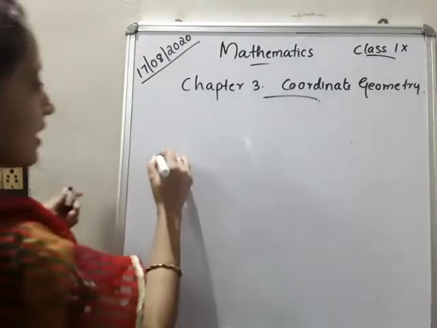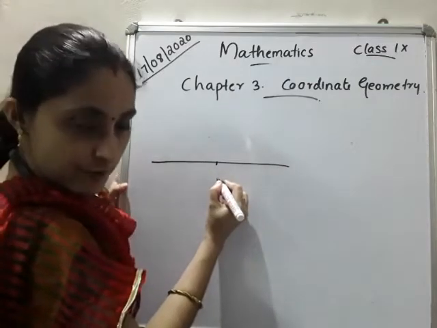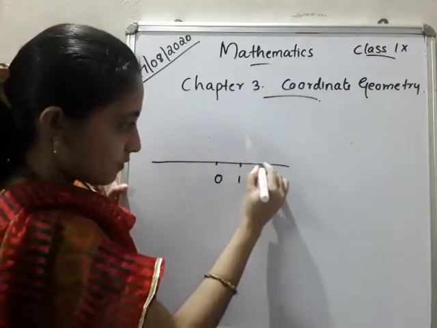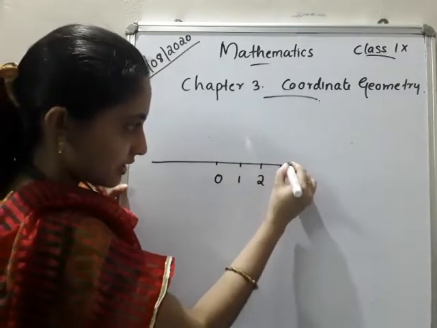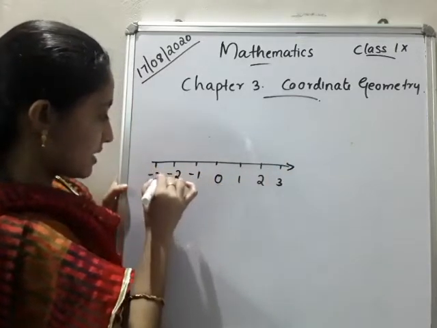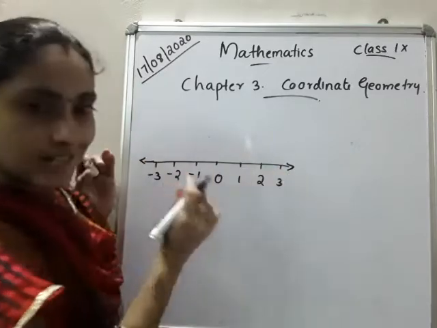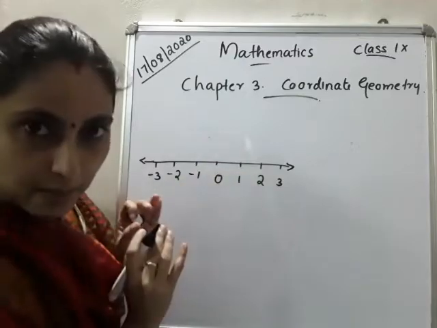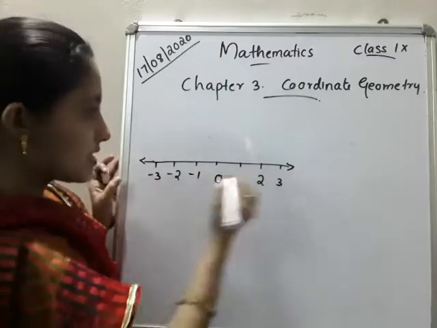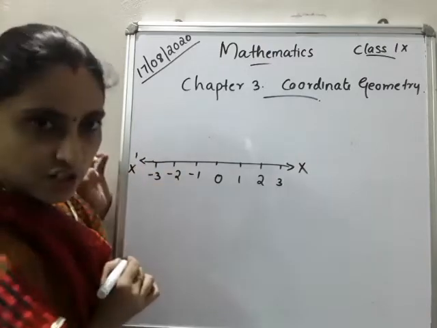Listen here, I am writing. You already studied this in the first chapter: 0, 1, 2, 3. This is one number line, is it? -1, -2, -3, and so on, this is continuing. This is the number line. I will name this side as x and this side as x dash.